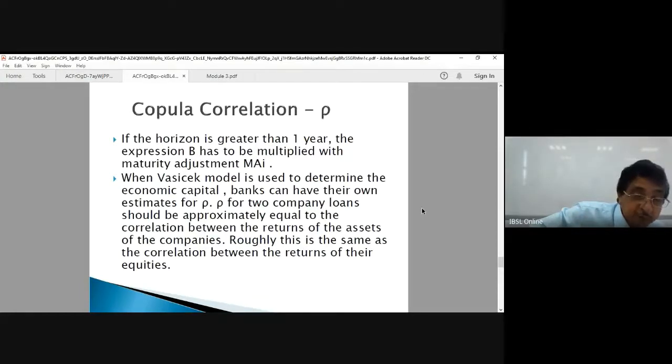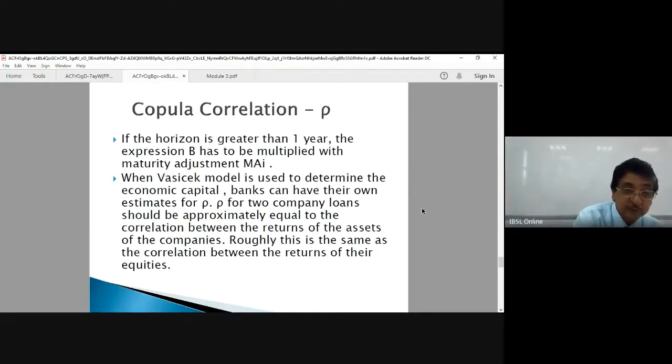Now when you go to the next one, we call it copula correlation because with each couple, you have the same correlation. If the horizon is greater than 1 year, the expression B has to be multiplied with a maturity adjustment. Now that's what I told you earlier also. Basically we calculate these things for 1 year. If not for 1 year, it can be 2, 3, 4 years.